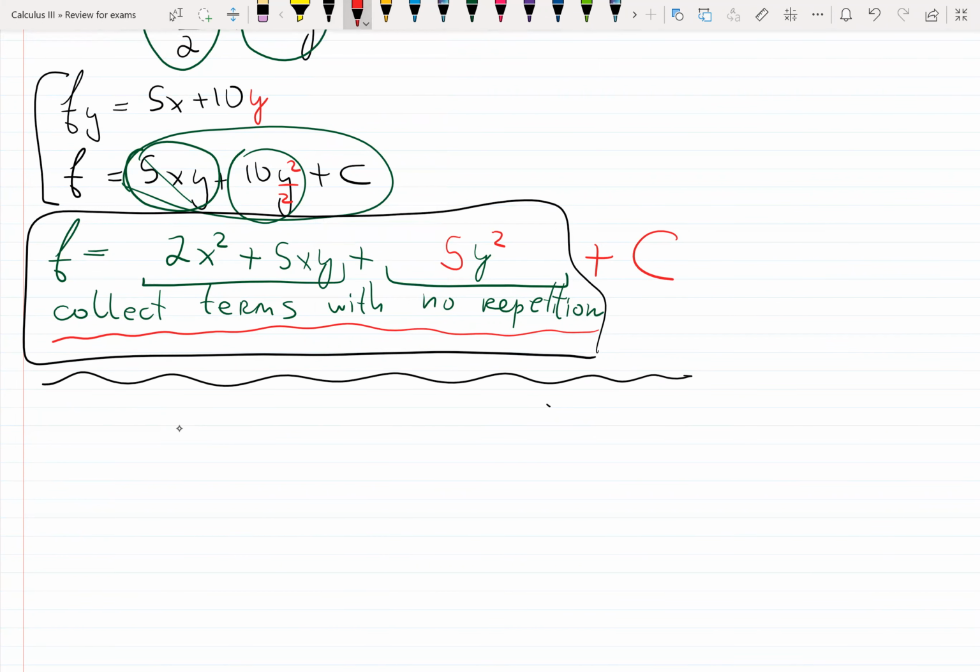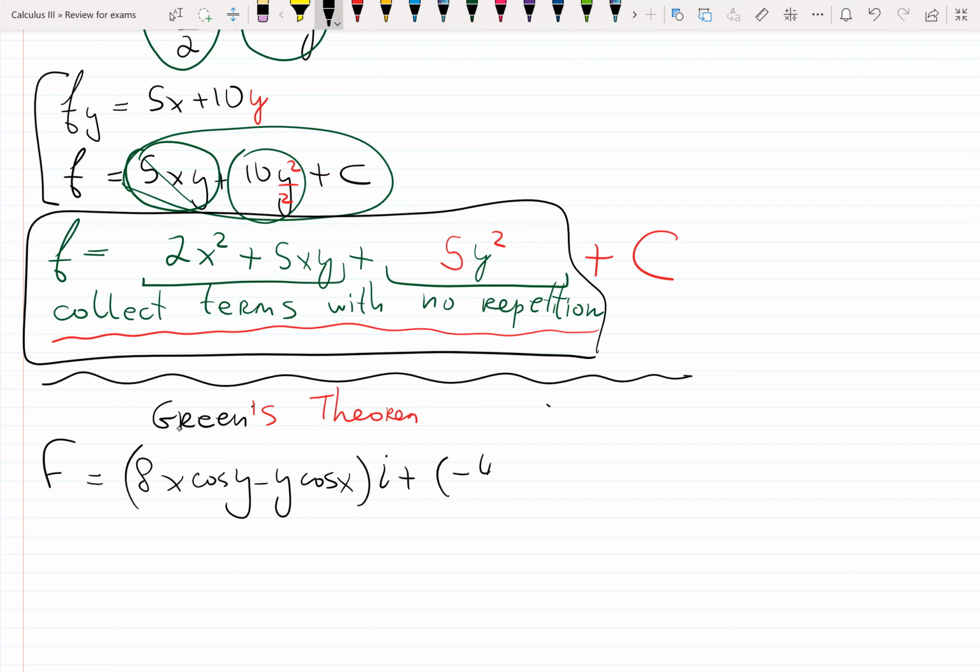That's also the topic of Green's theorem. I'm not jumping, it's kind of connected to Green's theorem. If F is given, you can actually use Green's theorem to check as well if the field is conservative. Conservative vector fields are good fields, and by good fields we mean we can integrate them, and we can find a potential function.